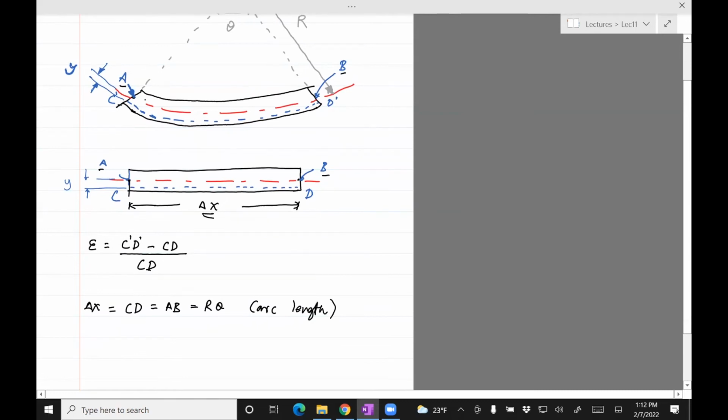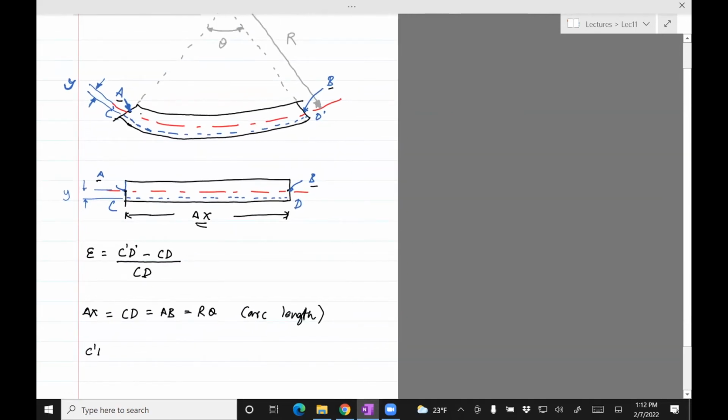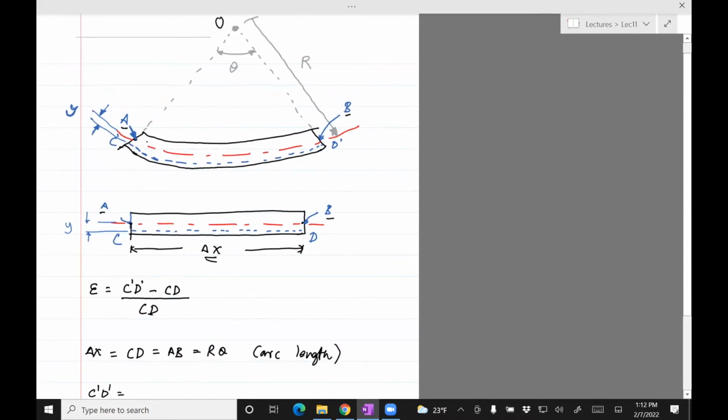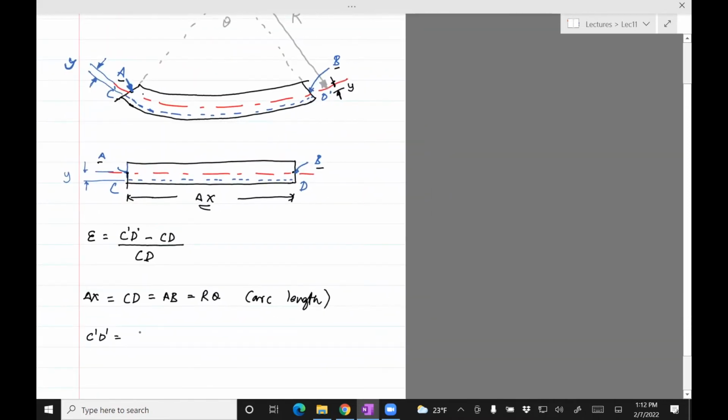Now you can see that if you want to find C prime D prime, it's going to be the radius from this point all the way to C prime D prime. That radius is R plus y. Let me show it here too. This is y, and so it's going to be R plus y times theta.